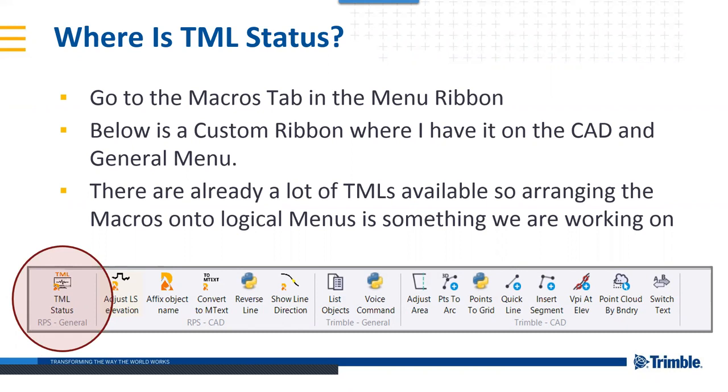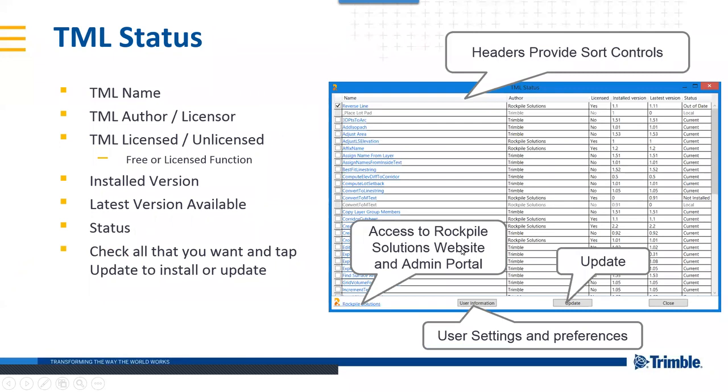One of the really cool ones that's been added recently is the voice command, and we'll look at that maybe when we get into the TML piece. But here you can see just in one element, in terms of CAD, there's already an additional, 1, 2, 3, 4, 5, 6, 7, 8, 9, maybe 15 commands already available to you just in this one category that aren't in the standard product.